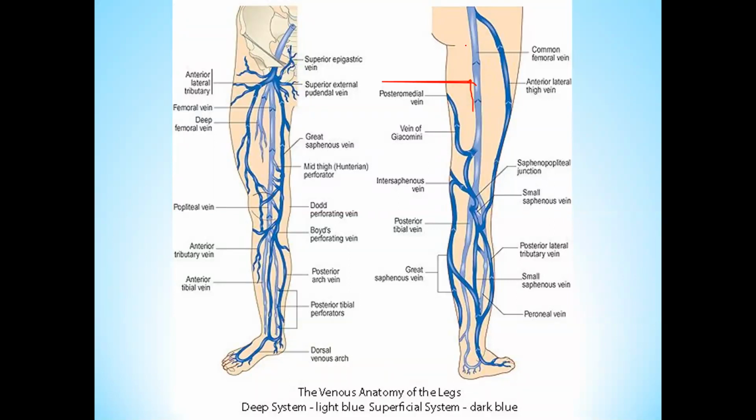The femoral vein has almost up to 5 valves. Then the posterior tibial, anterior tibial and peroneal veins have valves varying from 7 to 11.